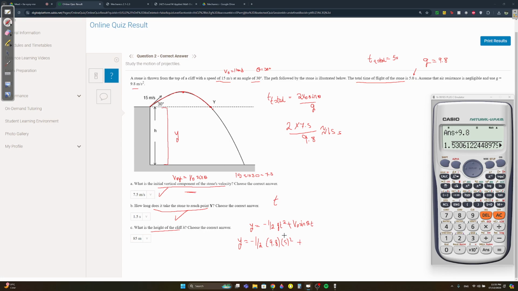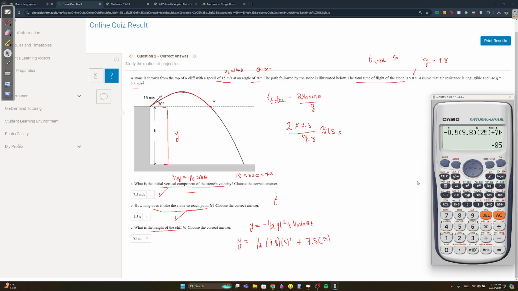plus v node sine theta, which is 7.5. We found it here, or you can just write 15 sine 30. It doesn't matter. And that t is 5. You're gonna get negative 0.5 times 9.8 times 25, because 5 squared, plus 7.5 times 5. You get minus 85.